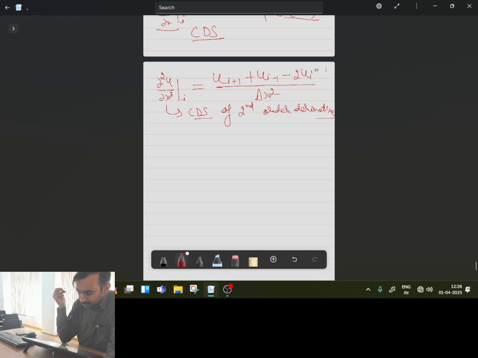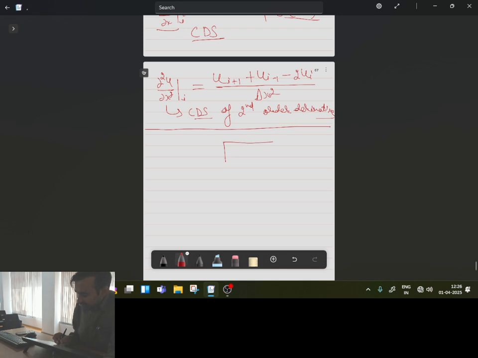Okay. So if I have to give you one example, I can simply start with a one-dimensional conduction problem inside a rod or tube.